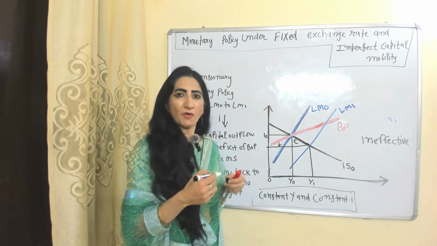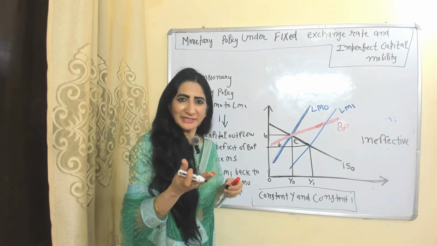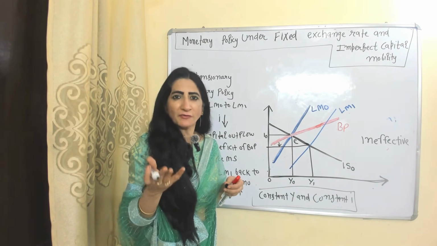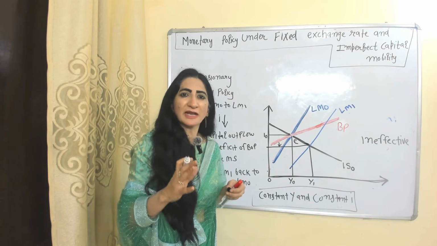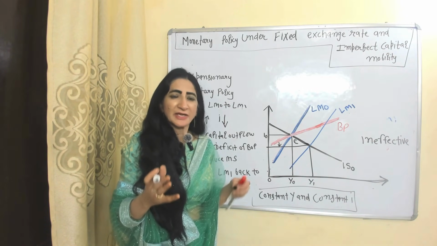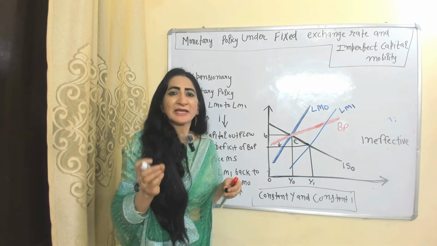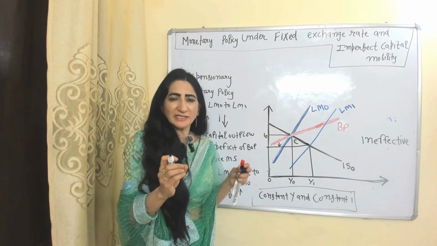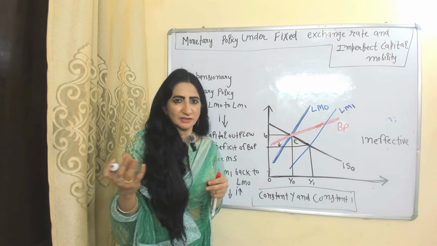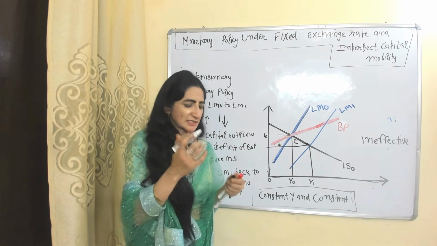As interest rate falls, that means outflow of capital increases, and outflow of capital leads to a deficit in balance of payment. But currency will not depreciate due to the fixed exchange rate. That's why, in order to keep the exchange rate fixed, the central bank will reduce money supply.